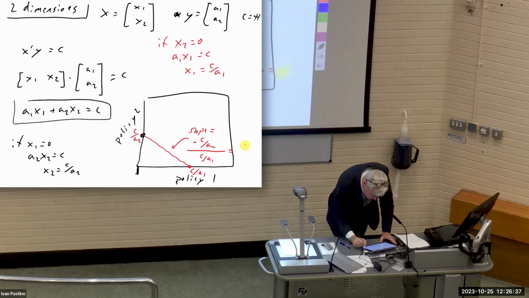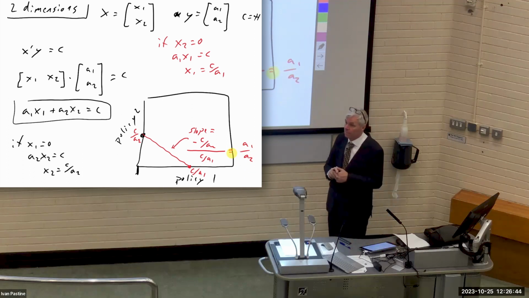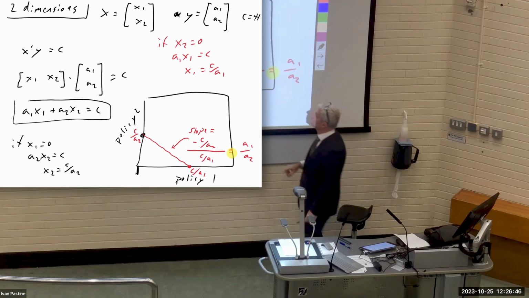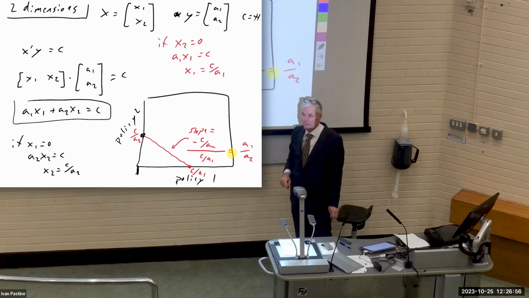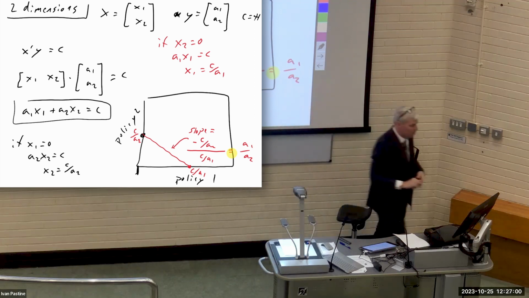And the c's cancel, and this becomes a1 over a2, is the slope of the line. Right. Do you see the canceling? People going, maybe? Happy with canceling? Not happy with canceling. Not if you're not happy with canceling. Okay, we're calling it people happy.